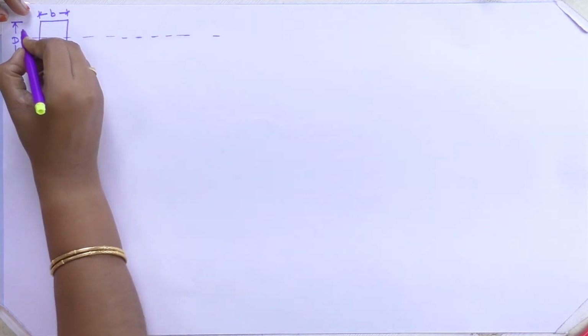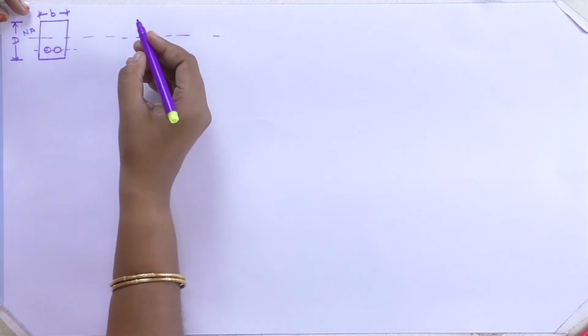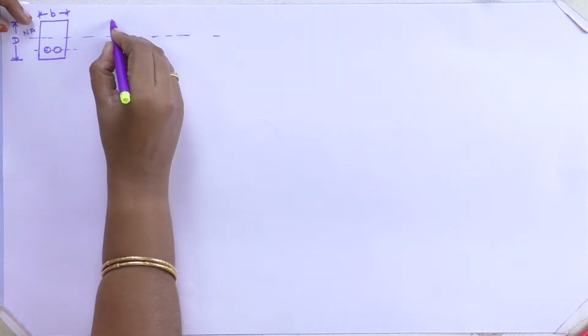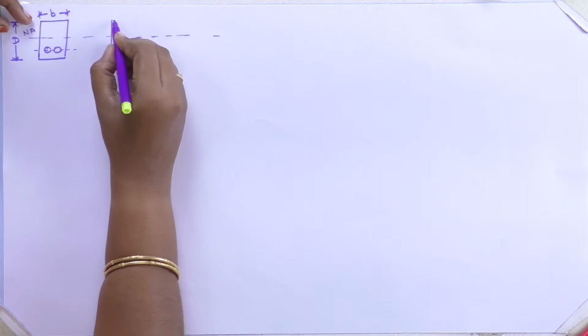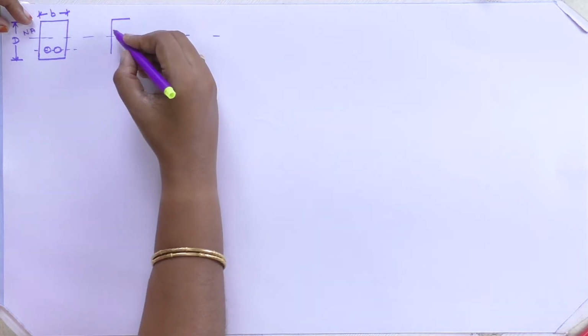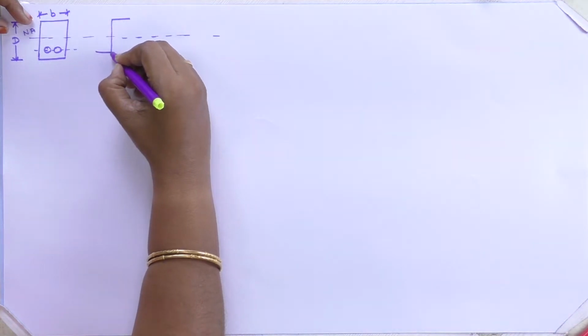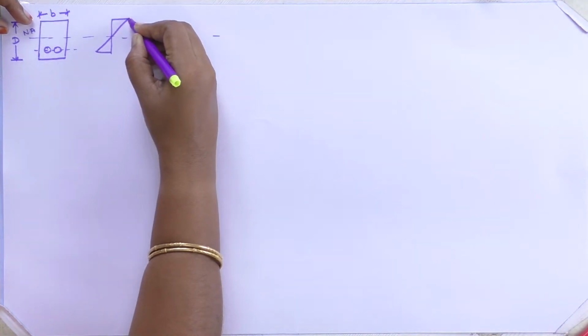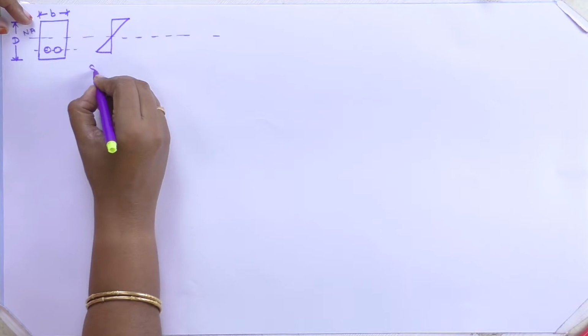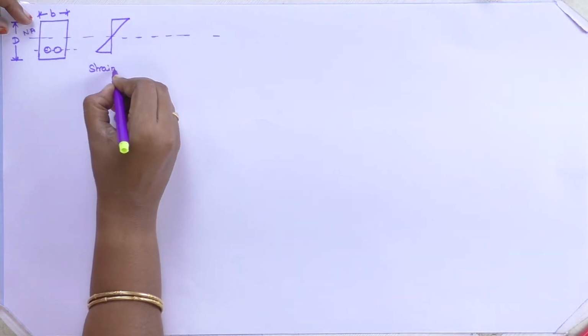This is the neutral axis NA. First one, strain block.